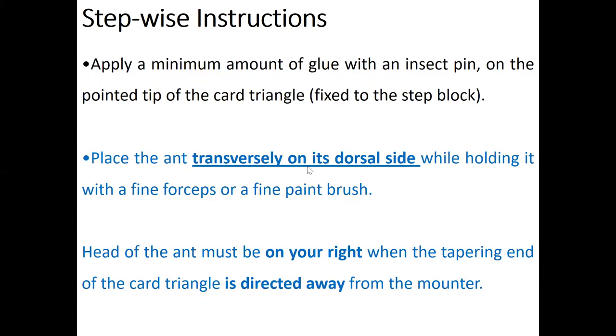Place the ant transversely on its dorsal side while holding it with a fine forceps or a fine paintbrush. When you do these practicals in the laboratory, you get used to handling the ant with a fine forceps or a fine paintbrush, usually number 0.